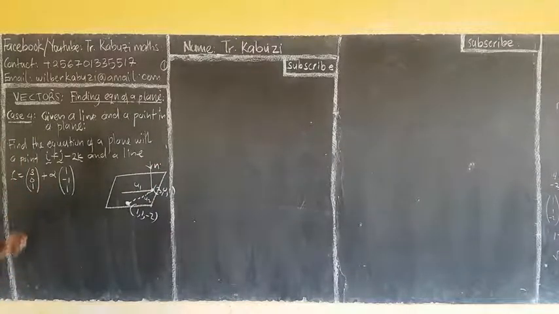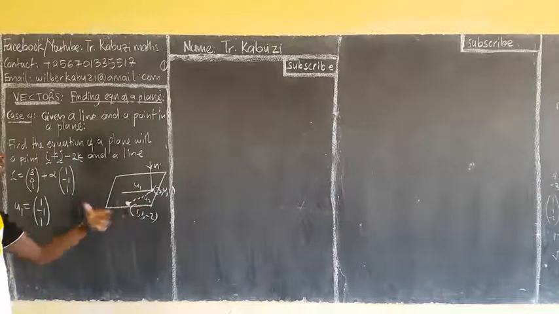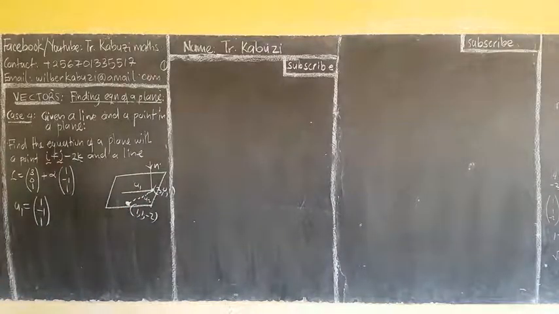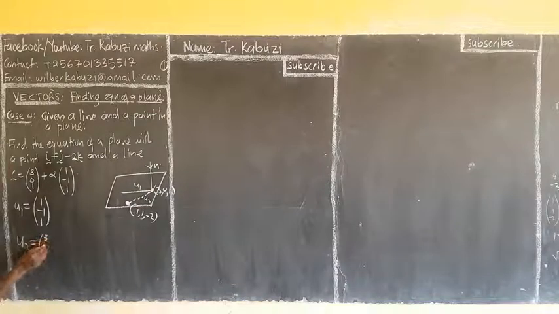Now, from here U1 is already 1, negative 1, 1. Then I need U2. Because I have 2 points in the plane already, U2 will be this point 3, 0, 1 minus 1, 1, negative 2.